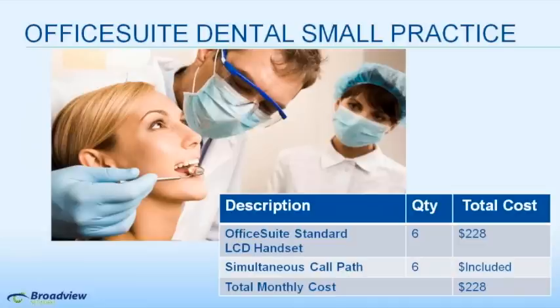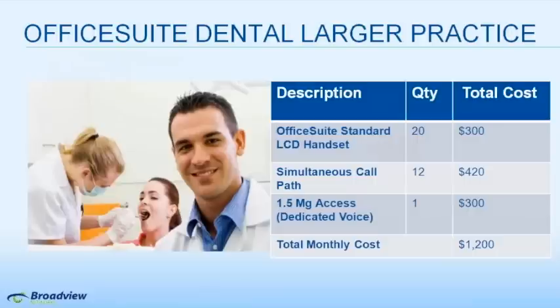In terms of the pricing, this is a look at what the small practice pricing looks like. It's an example of 6 handsets, and 6 handsets is a total cost of $228 per month, so very cost effective. And then for a larger practice, the way we like to look at it is the number of handsets, the number of call paths, which is equivalent to the number of lines, and then the data necessary for that.